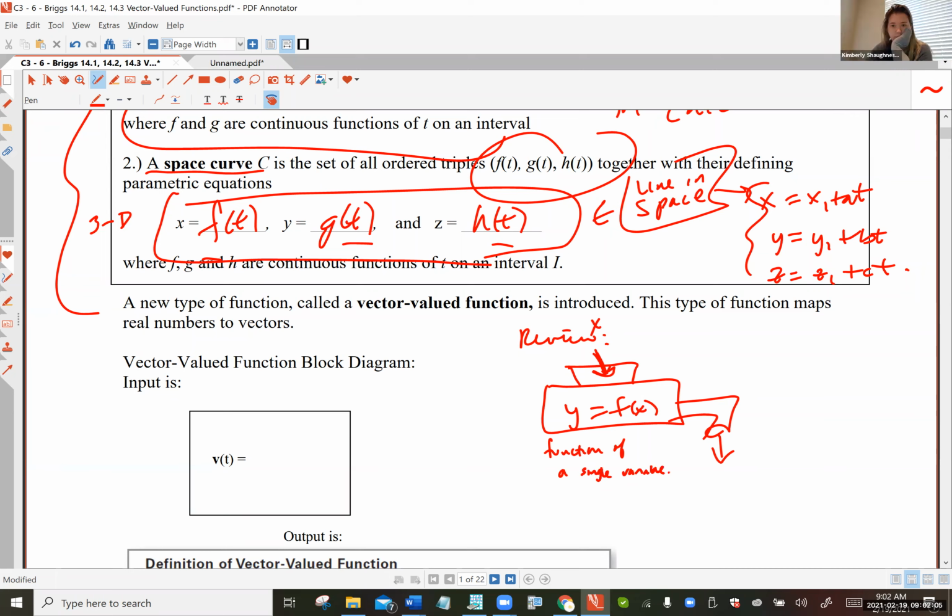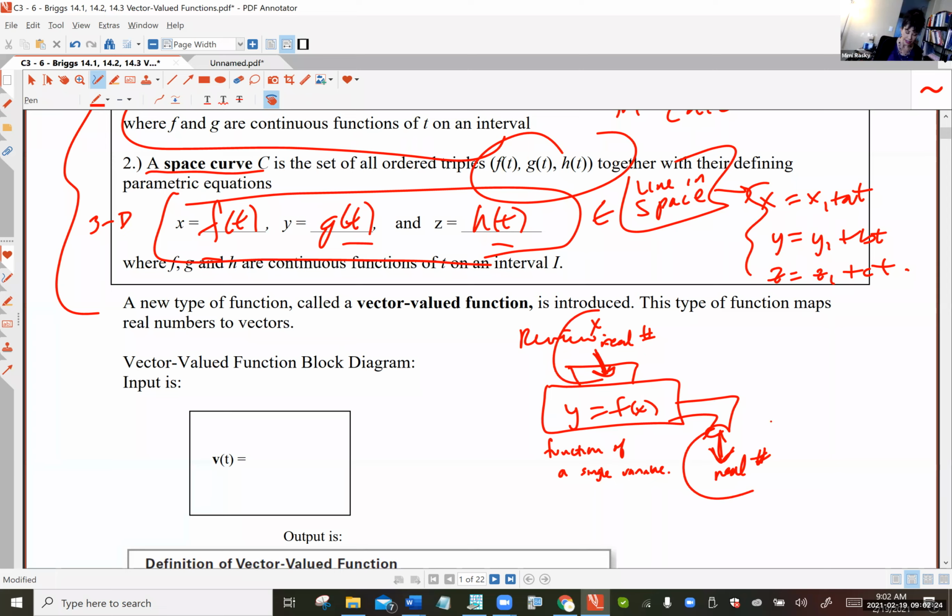A real number? Yeah, you feed it a real number. Very good. So, like x equals 2. What is the output? Is it a point, a real number, or a vector? A real number? It's also a real number. Good. So you feed it a real number and it outputs a real number.